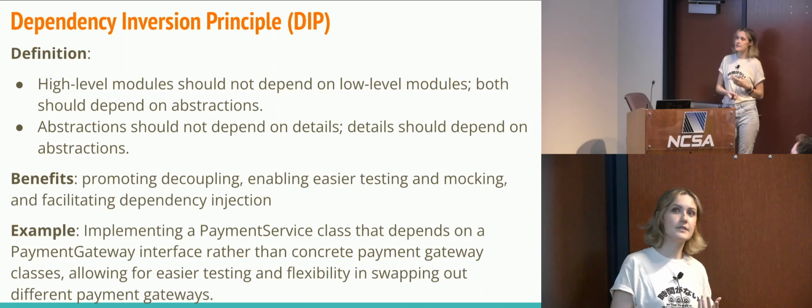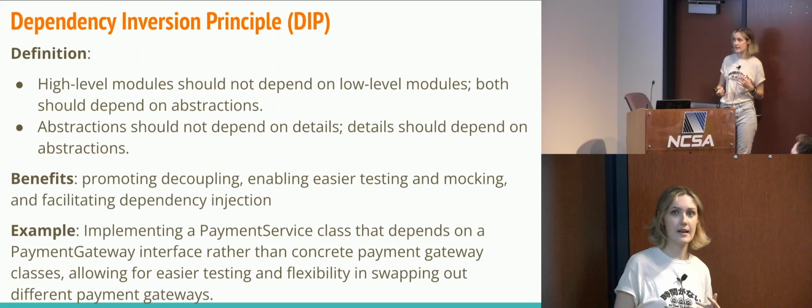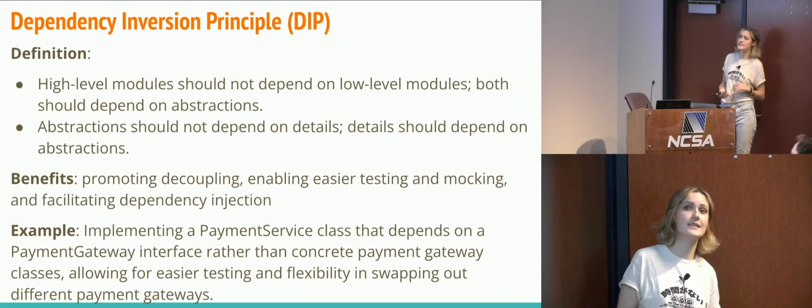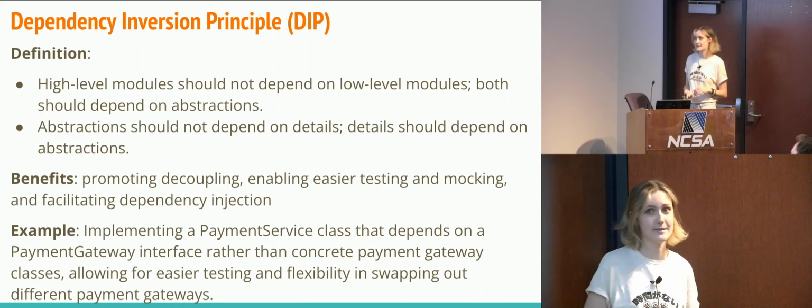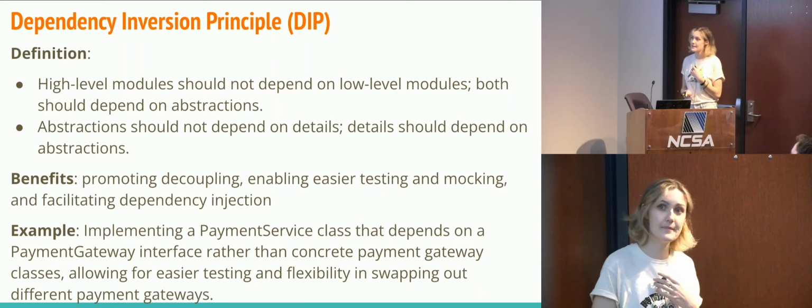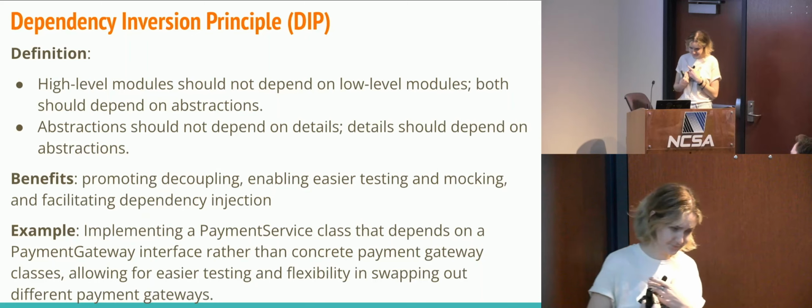For example, implementing a payment service class that depends on a payment gateway interface rather than a concrete payment gateway class, allowing for easier testing and flexibility in swapping out different payment gateways.